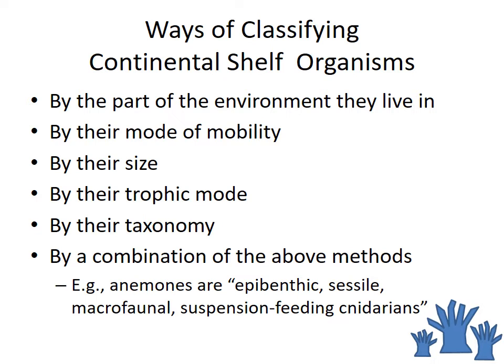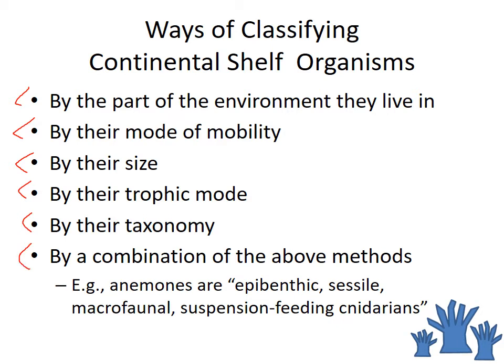So we talked, when we were talking about plankton, about different ways that we can classify plankton, and now we're going to do some of the similar classification work, but with sea bottom organisms of the continental shelf. So there are at least 6 different ways that you can classify continental shelf organisms.